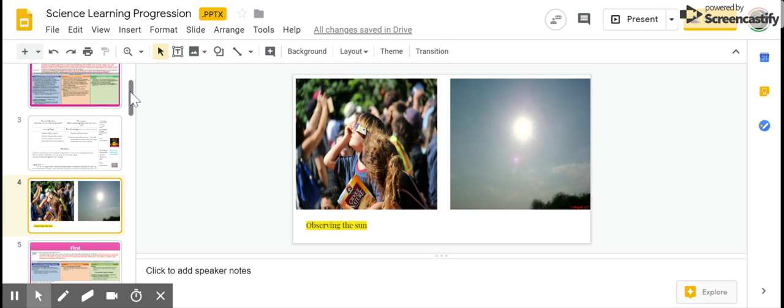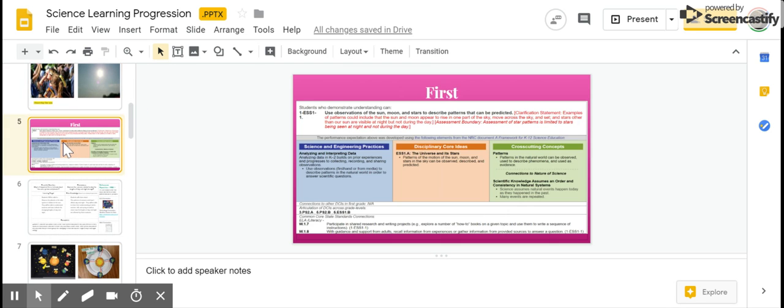For first grade, the students will follow in the same vein. They will use observations of the sun, moon, and stars to describe patterns that can be predicted. So, once again, they're analyzing under the science engineering practices. The disciplinary core idea here is the universe and its stars, and the cross-cutting concepts again are patterns.